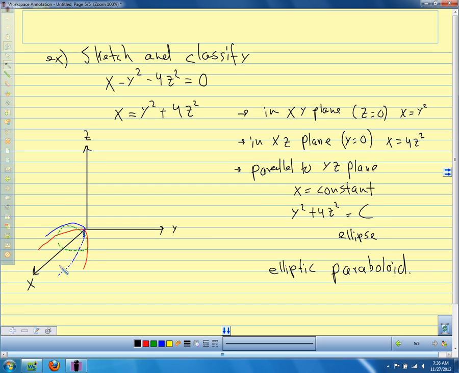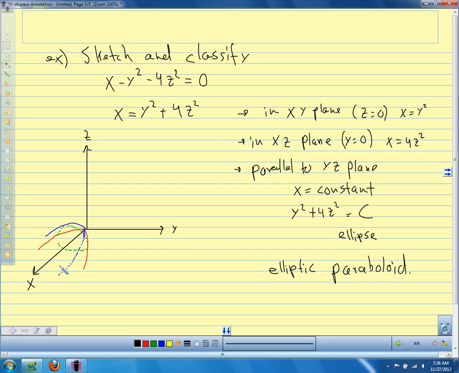So I would call this an elliptic paraboloid. And this is my suggestion on how you go about analyzing and sketching these graphs: look at the trace in the coordinate planes, and then connect what the traces tell you to come up with your surface.